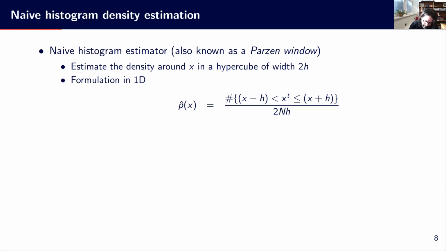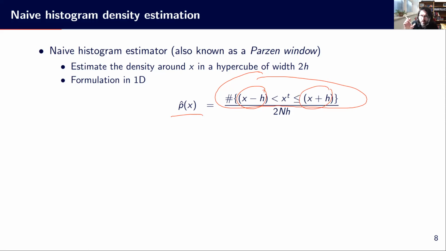We are estimating the density at a given x as the count. So here we are counting the number of points in our data set which are within the x minus h and x plus h range.